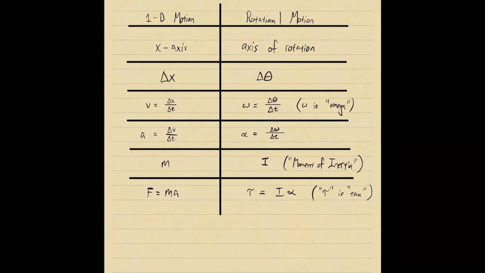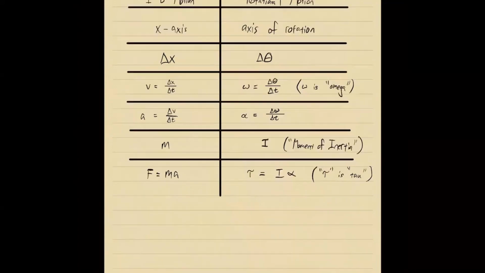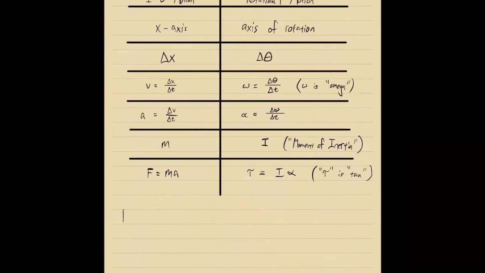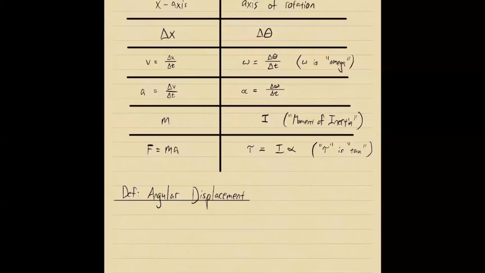Let's begin by defining angular displacement. The angular displacement, delta theta, is going to be equal to our final angle minus our initial angle.